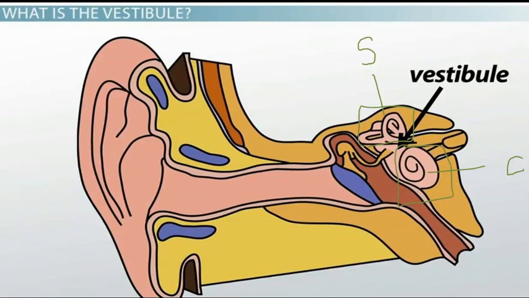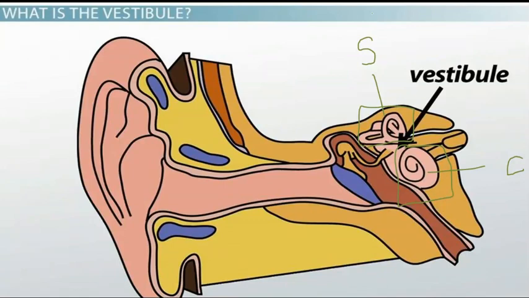Vestibule is the oval central part of the bony labyrinth located between the cochlea and the semicircular canals. So the membranous labyrinth in the vestibule consists of two sacs. As we have studied, the inner ear is divided into bony labyrinth and the membranous labyrinth.